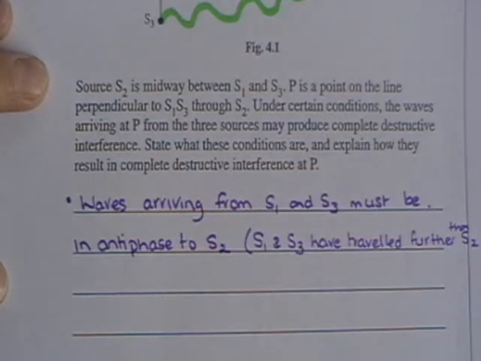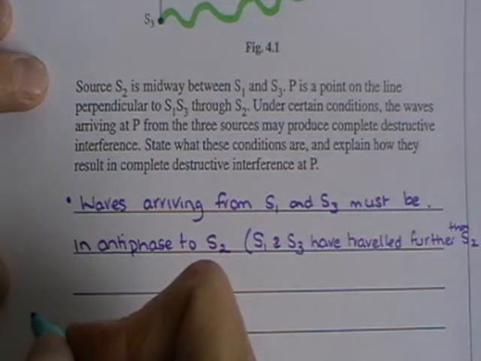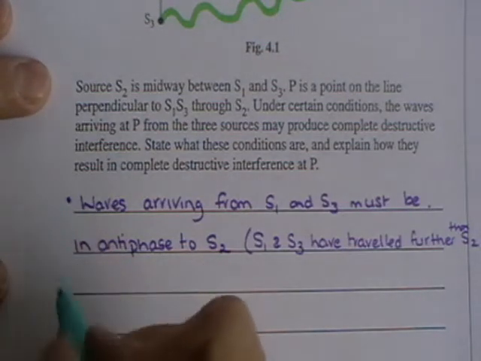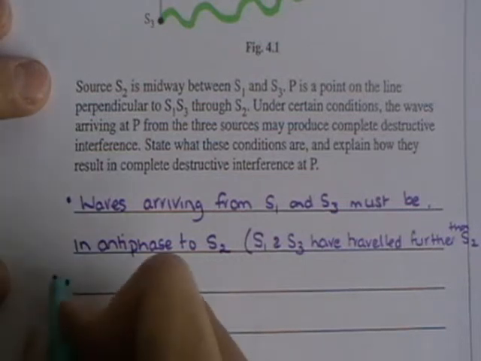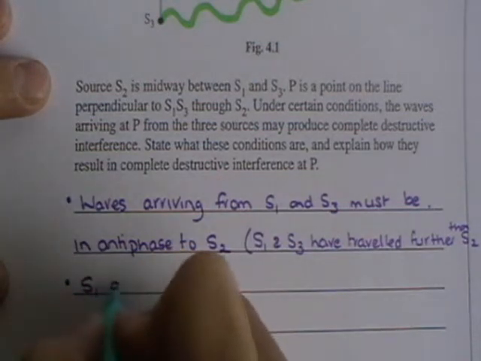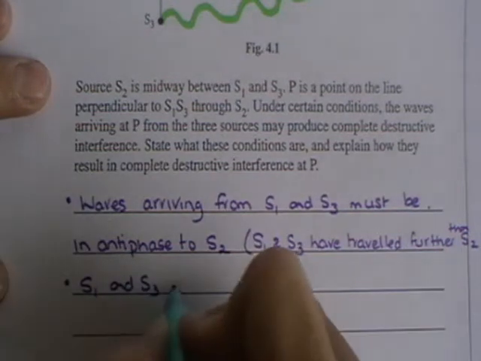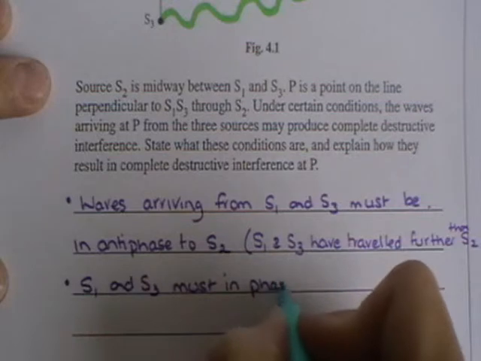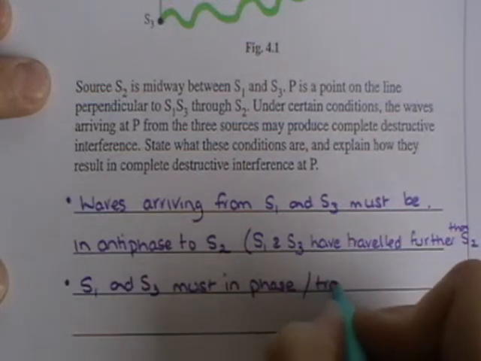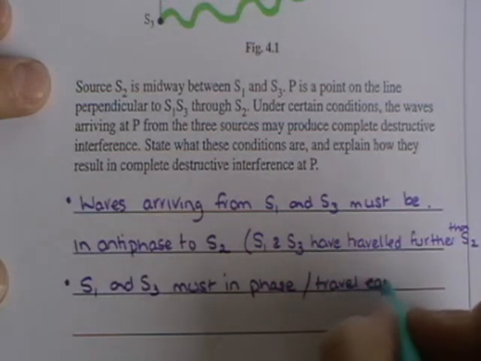Secondly, for them to completely destructively interfere, S1 and S3 must arrive at the same time. They must be in phase with each other. So S1 and S3 must be in phase with each other, and they travel equal distances.